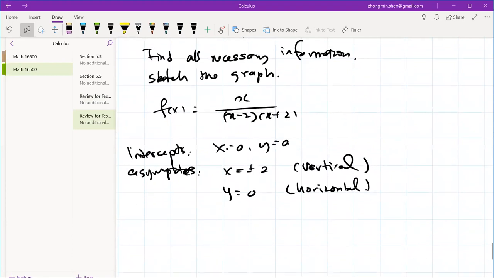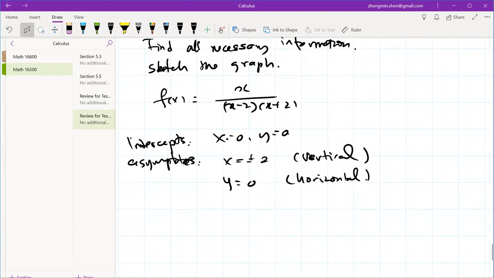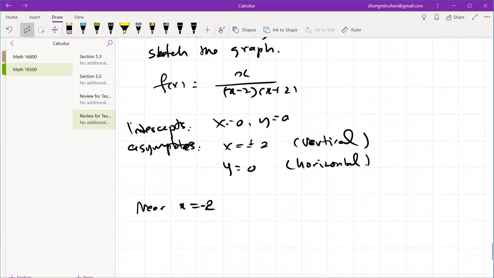I think I'm going to sketch the graph now. Okay. So nearby x equals negative 2, when x is close to negative 2, the function is going to be about, what I'm going to do is I'm going to keep x plus 2.